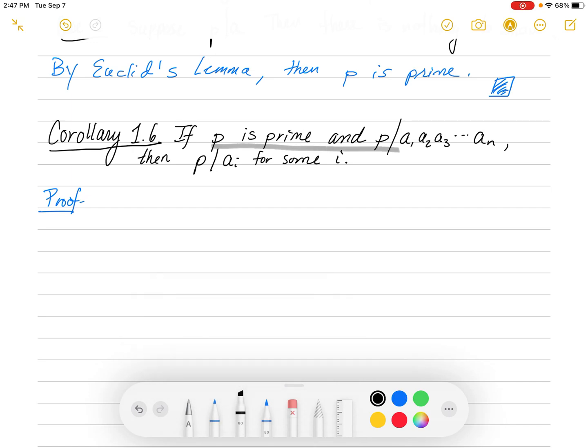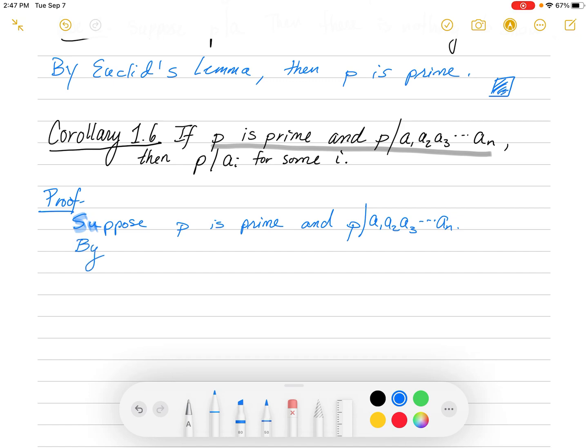So we're proving an if-then statement, so let's assume the if here. Suppose P is prime, and P divides a product of numbers. Well, we can use Euclid's lemma, right?